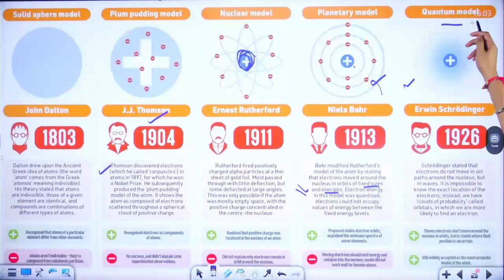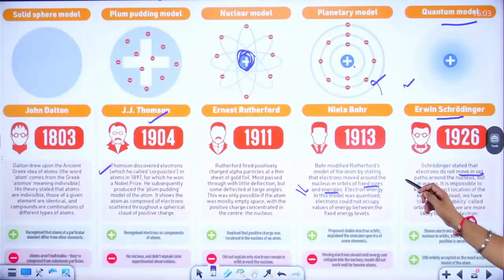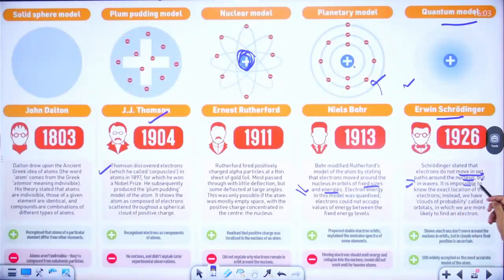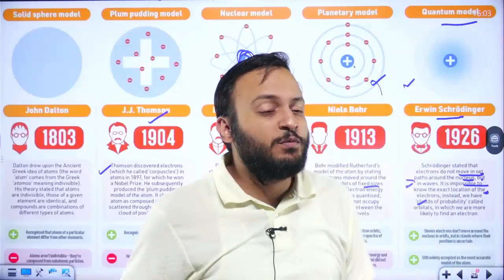Then the quantum model came up by Erwin Schrödinger, who said that electrons do not move in any set path around the nucleus, but in waves. It is very difficult to exactly find out the position of the electrons. However, there are clouds of high probability where the electrons could be found.